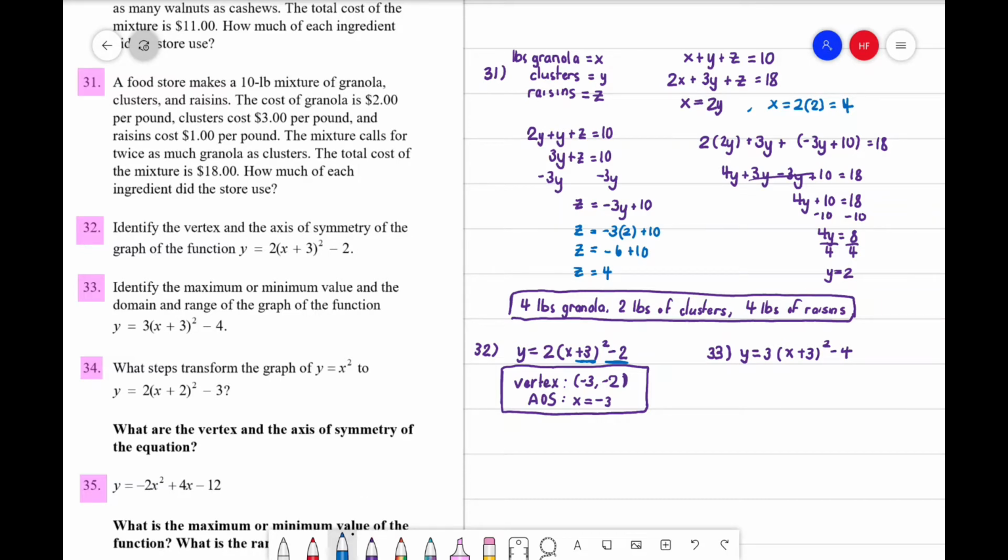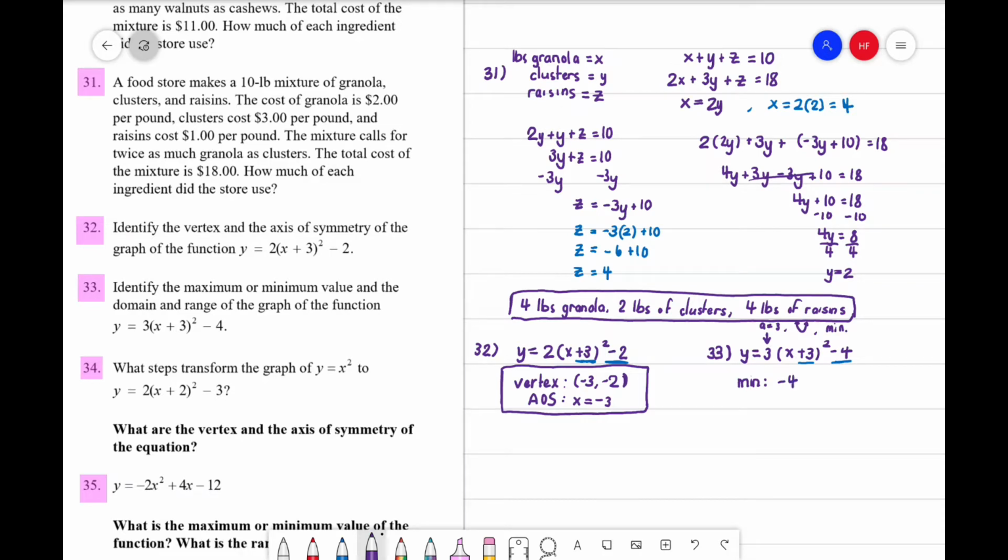So I'm going to take the vertex from here, but we're not looking for the vertex this time. We're looking for the minimum or maximum value. A is 3, which is positive, so this opens up, which means I have a minimum. So the minimum value is the y value of the vertex, so my minimum value is -4.